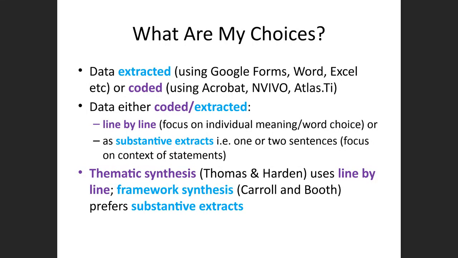And basically, although there could be variation within these two methods, thematic synthesis, as developed by Thomas and Harden, tends to use a line-by-line approach. Framework synthesis has conventionally used substantive extracts, attaching these extracts to themes from the framework.